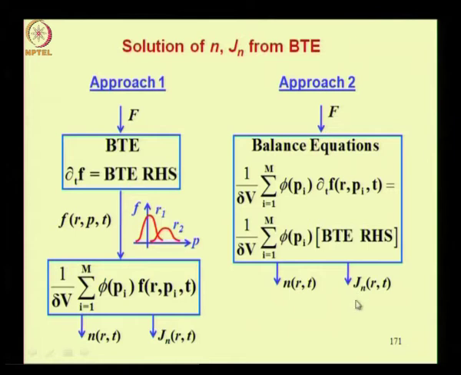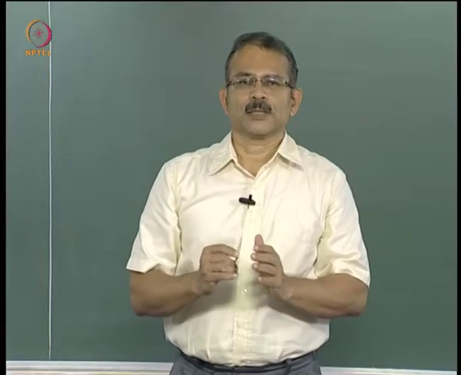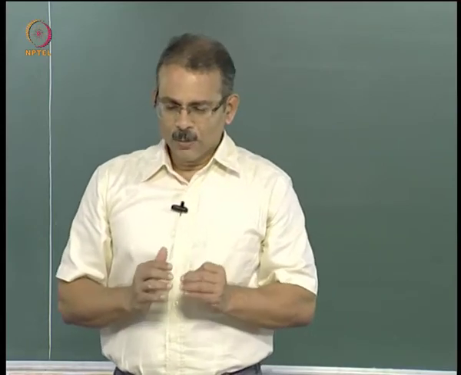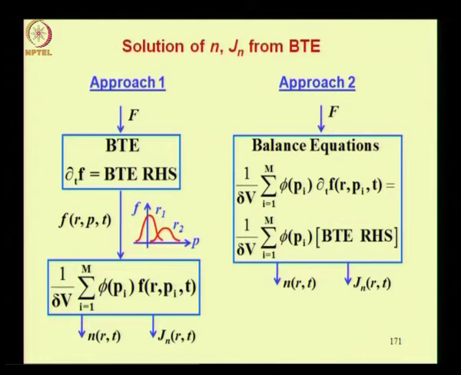So this term becomes dou Jn by dou t, and this we showed in the previous lecture by doing a simple derivation. Now we would like to develop this approach in more detail to get all the other terms of these balance equations, mainly what are the terms on the right hand side.